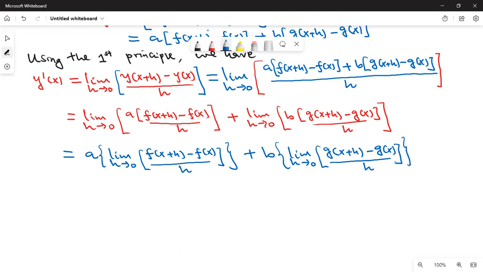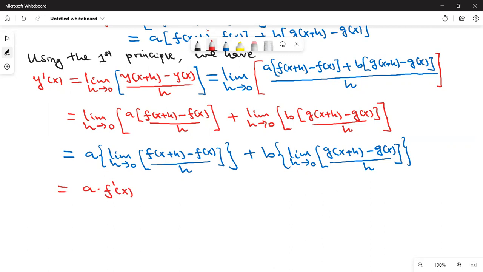Now the question is, what is the limit in the first term and what is the limit in the second term? Look at our definition of limits. First principle. This is a times f prime of x. Remember how we defined f prime of x from the first principle? There is a limit as h approaches 0 of f of x plus h minus f of x over h.